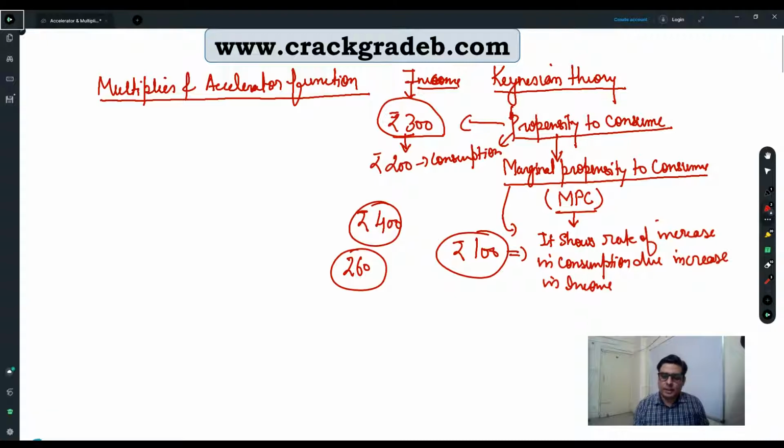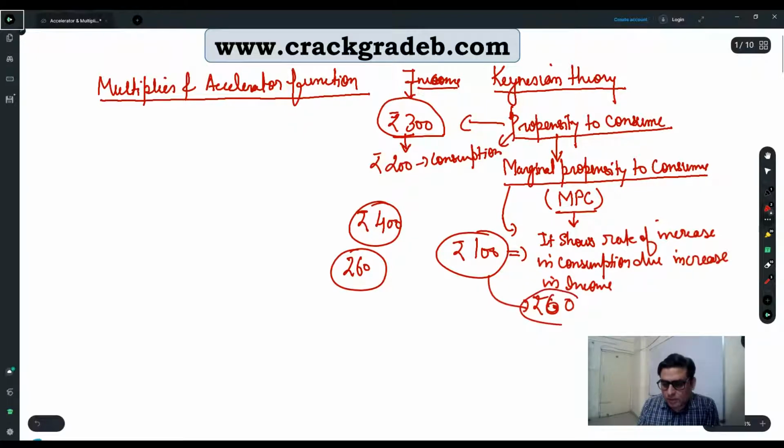So income increased by 100 rupees and the increase in consumption is 60 rupees. Earlier he was consuming 200 rupees out of 300, but now he is consuming 260. So the propensity to consume is 200, but the marginal propensity to consume is 60, right? It is 60%.